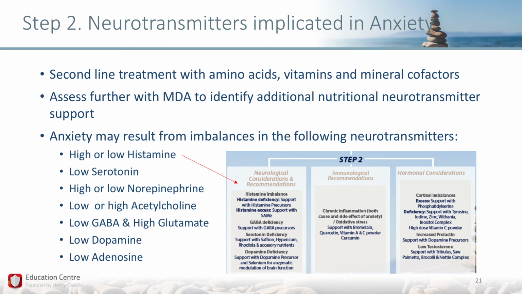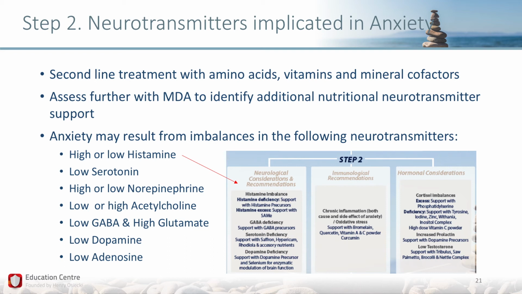The patient fills in the form and it spits out these results. You get a nice overview of which neurotransmitters might be problematic, and it gives you an opportunity for further investigation or to address which neurotransmitter might be problematic.